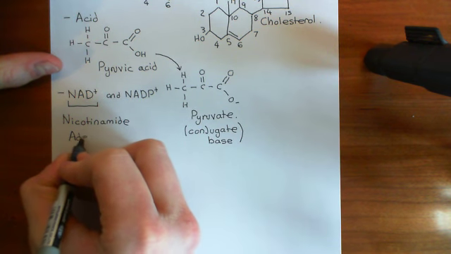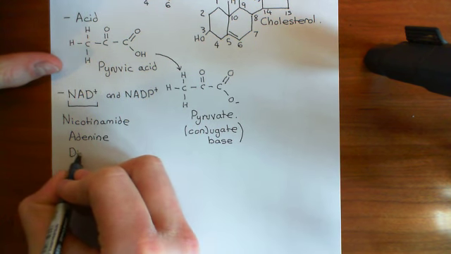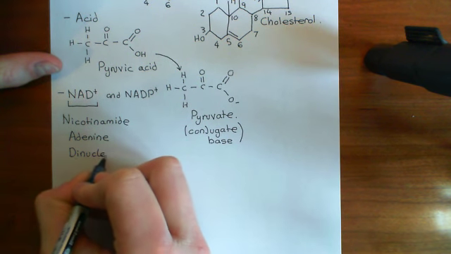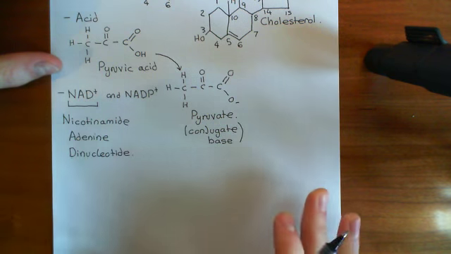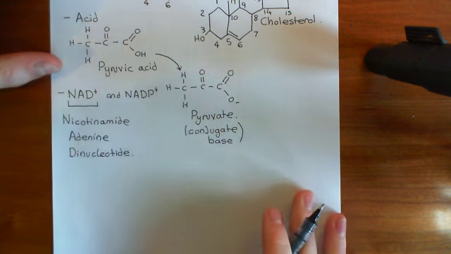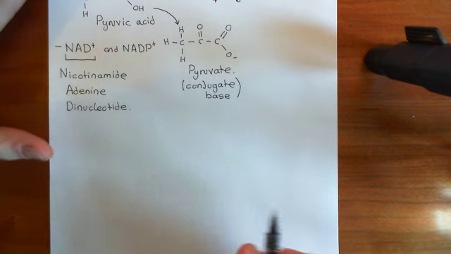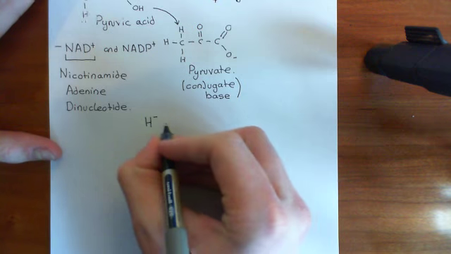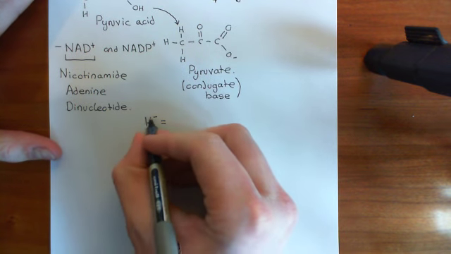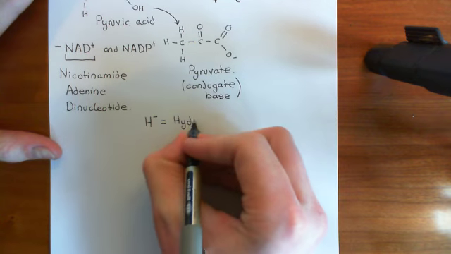So the A is for adenine, and then the D is for dinucleotide. So basically, this molecule, nicotinamide adenine dinucleotide, is capable of accepting something called a hydride anion. A hydrogen atom with a negative charge is called a hydride anion.